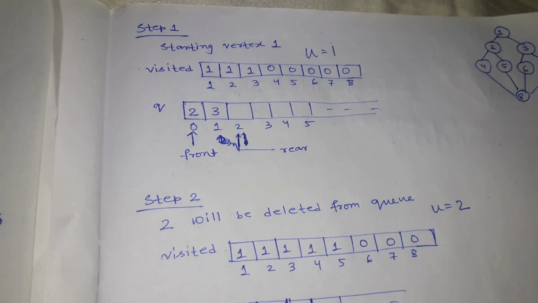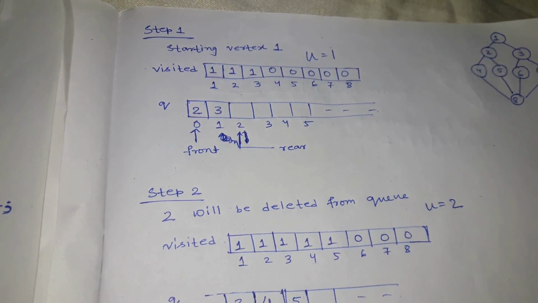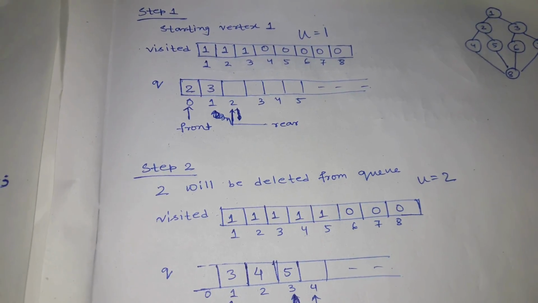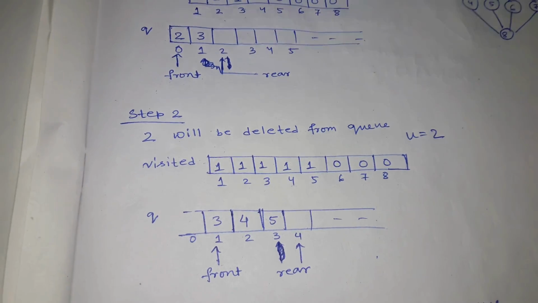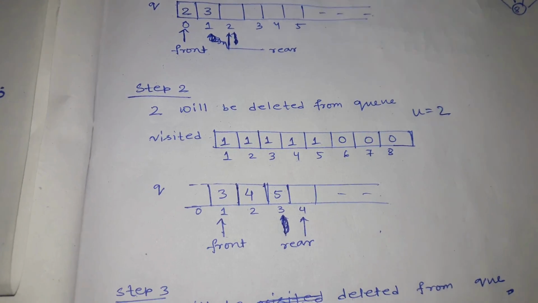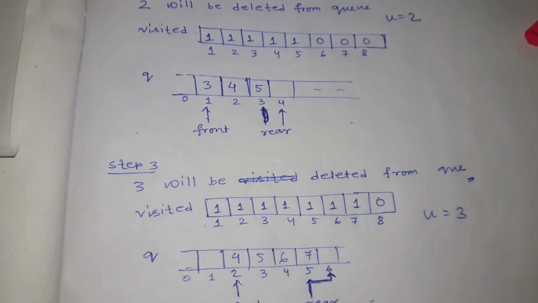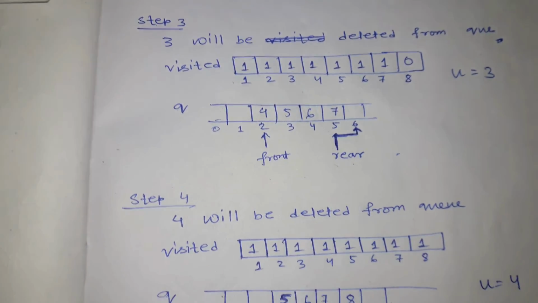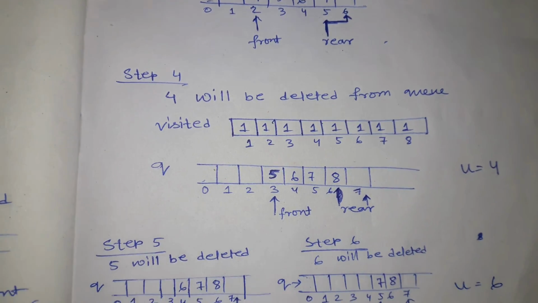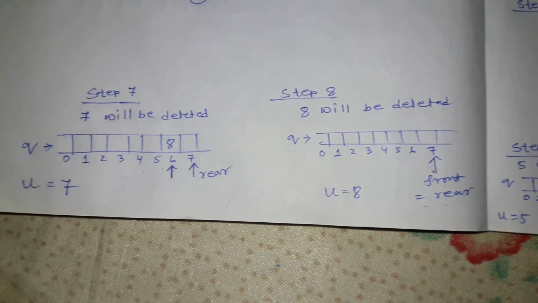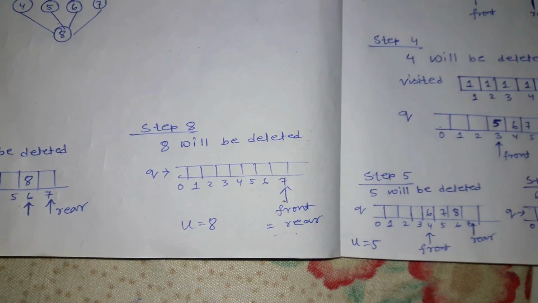Now I am showing you the whole pictorial representation from step 1 to step 8 again, and you are requested to relate all the steps with my algorithm, and to make sure about my algorithm. Check all the steps carefully, and try to dry run all the steps yourself.